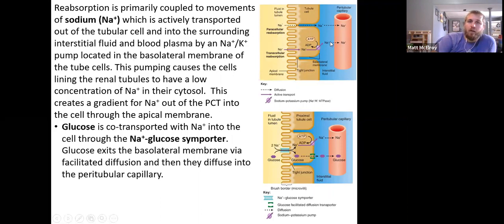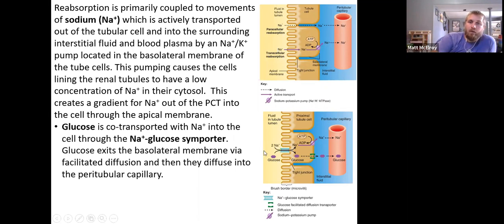Now, by pumping sodium out of the cell, we're never going to have much sodium inside. Remember, active transport pumps things against their gradient, from low to high. So we're pumping out what we already have low of, which makes the amount of sodium inside always really low. Which means sodium is always going to be trying to come into the cell from the tubular lumen.